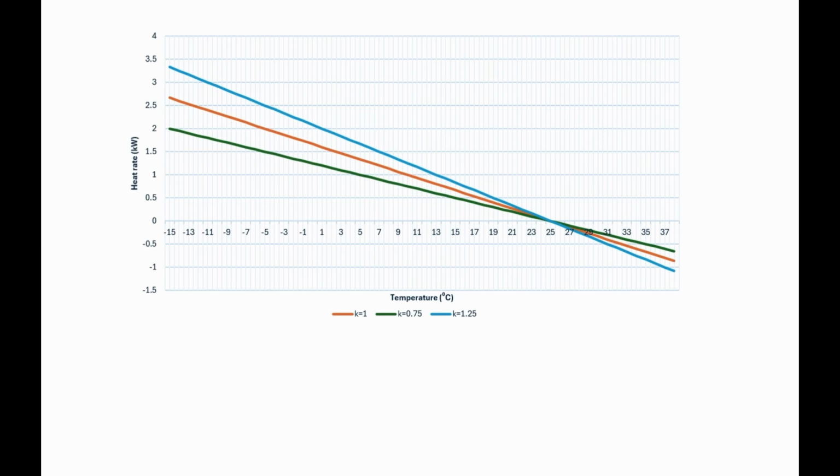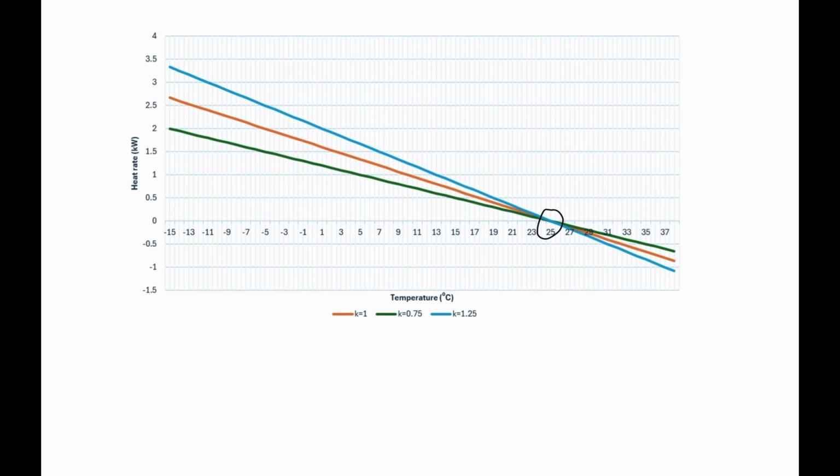The orange line is for K equal to 1, the green line is for thermal conductivity equal to 0.75, and the blue line is for thermal conductivity equal to 1.25 watt per meter Kelvin. From this graph we can observe that the heat rate is decreasing linearly for all three cases and it finally becomes zero at temperature equal to 25 degrees Celsius for all three cases.